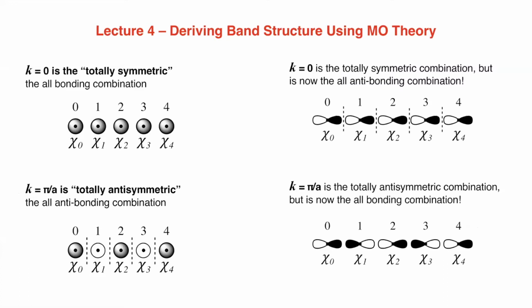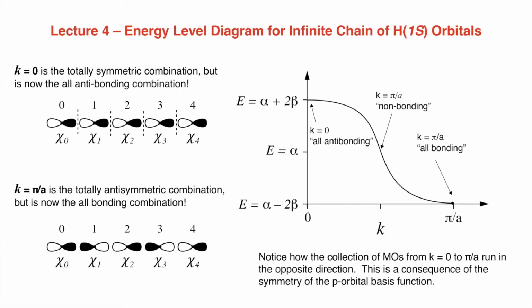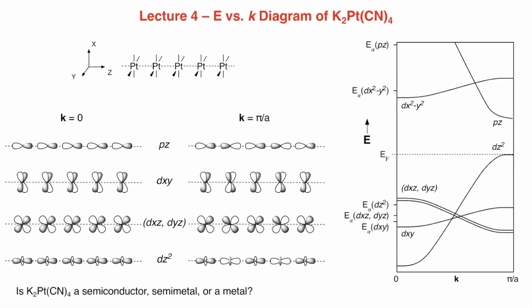So the energy of those Bloch functions differs depending upon what the basis function is. We talked about how in the case of the p orbitals, the k equals 0 solution is the high energy one, and the pi over a is the low energy one. And for the s orbitals, it's the reverse.